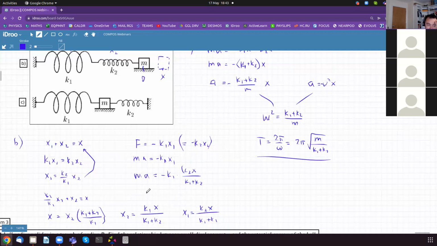And we get acceleration is equal to minus K1 K2 over mass times K1 plus K2, x.